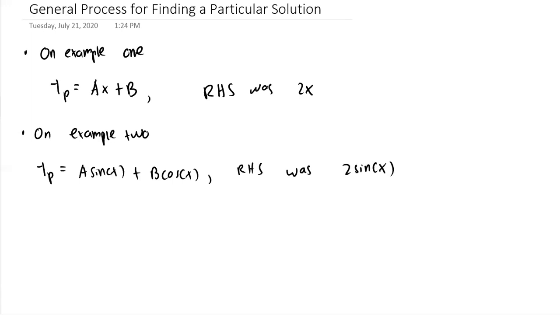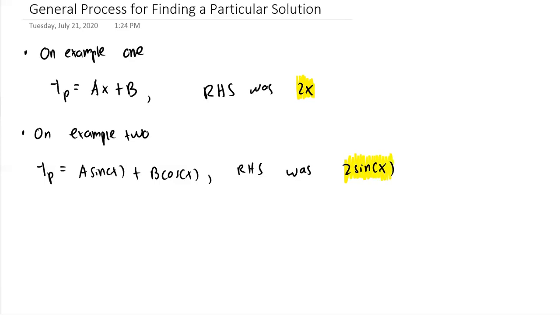Now let's see if we can see a pattern in the choices of particular solutions, or forms of particular solutions, that work and relate to what was on the right-hand side of the equation. Let me try to highlight. So now related to this and to this. Okay.